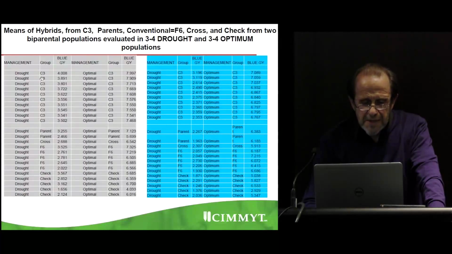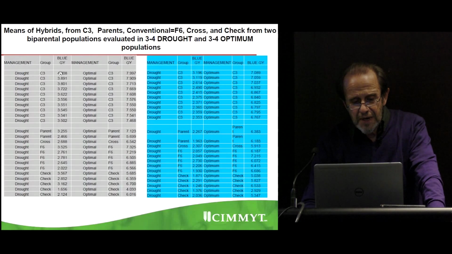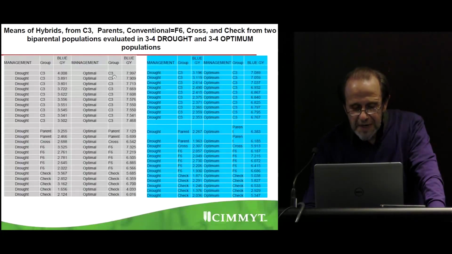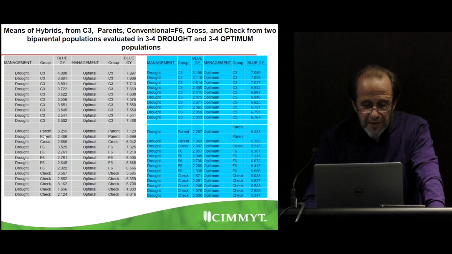The top 10 lines were always from marker-assisted selection, or genomic selection. These are the grain yield for optimal environments. Again, all the top 10 lines were from genomic selection. These are the parents, the crosses, the conventional, and the checks.